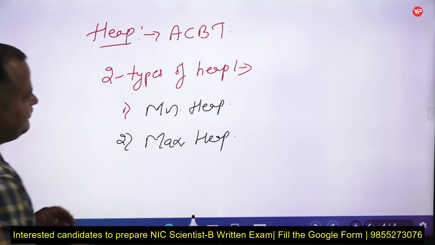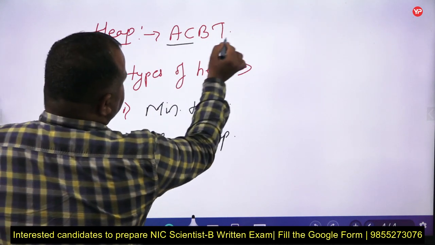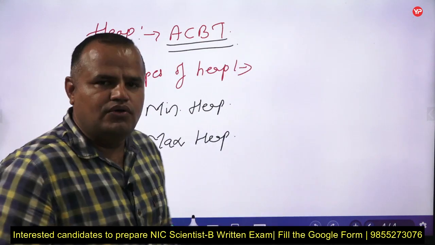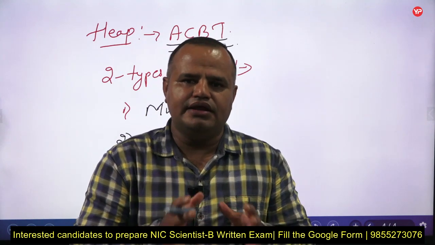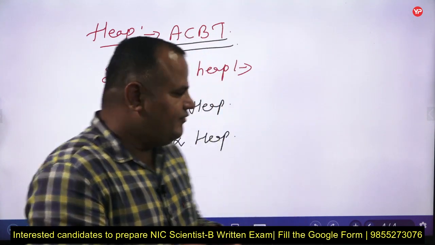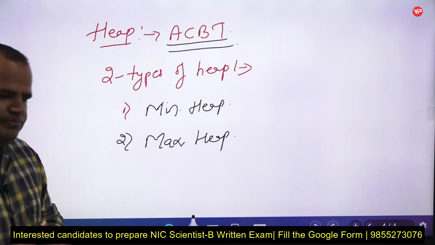Getting my point? But always keep in mind that a heap is always an almost complete binary tree. If it is not an almost complete binary tree, then it will not be a heap.